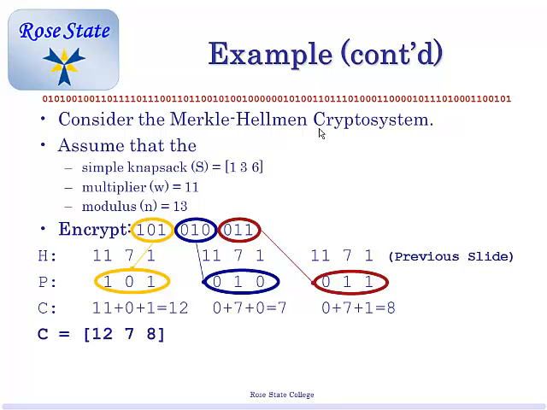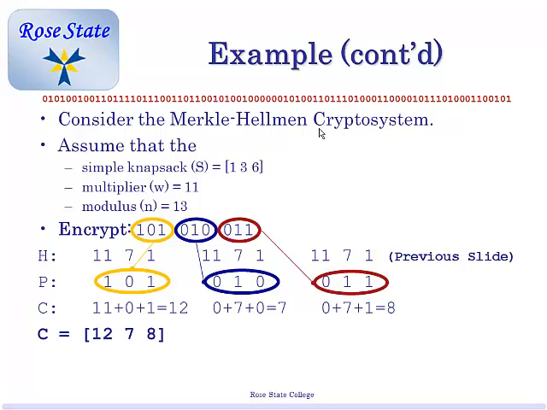Where did you get the values 101, 010, and 011? Oh, that's what I came up with. That's the message I'm going to send you. So that's my plain text. Remember, it's in binary. My plain text message is 101, 010, 011. Now, if I had a 4-digit hard knapsack, I can get 4 binary digits at a time.